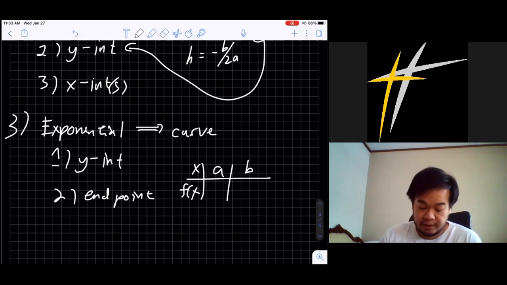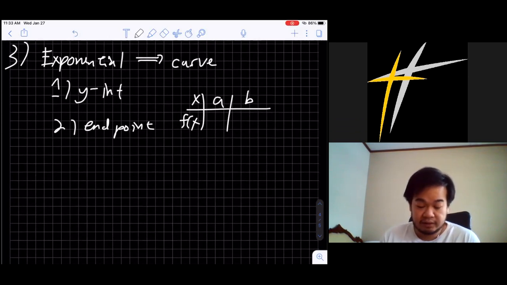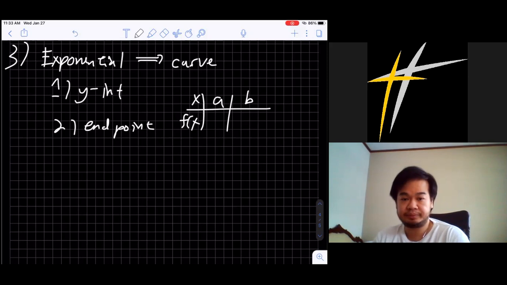Okay, and then a power function is not really that different from exponential. You just need to determine the y-intercept and the endpoints, both the beginning and the end.